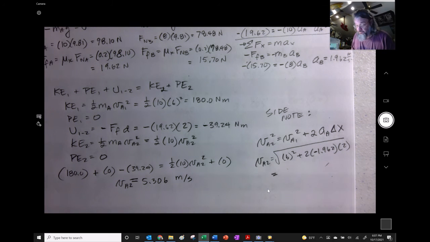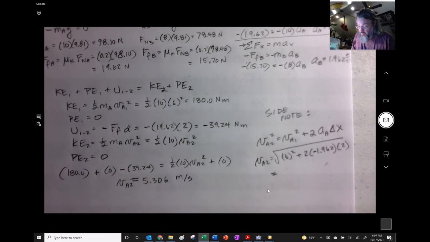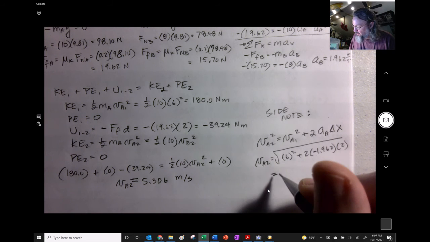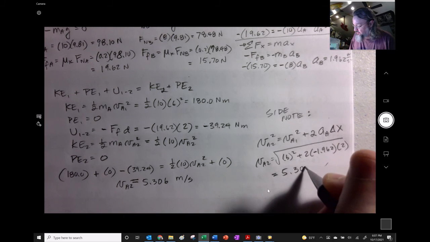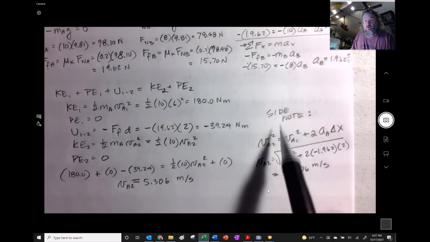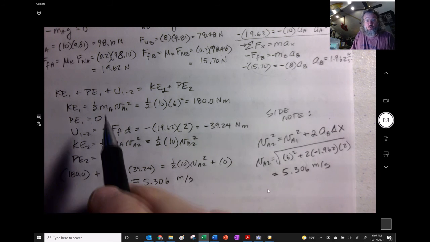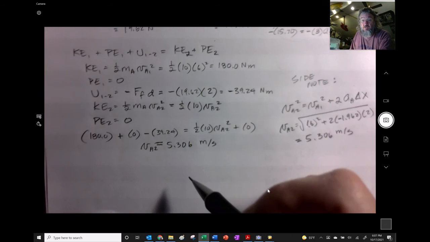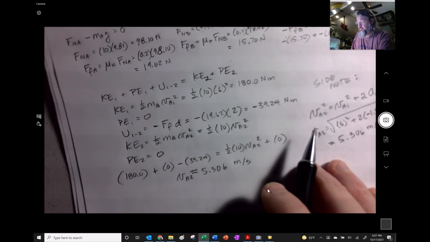That was possible. So I'll take my 36 and the 1.962 times 2 times 2, subtract them out and take the square root, and I could find that I got 5.306, right? So I got the same thing, either from Newton's second law combined with this kinematics or the work in energy.